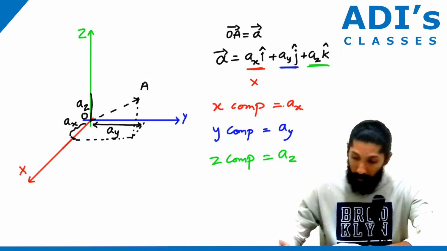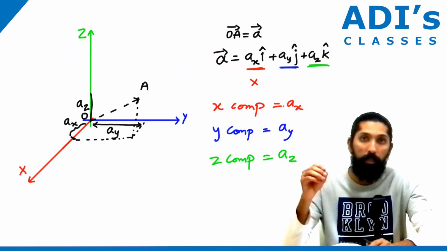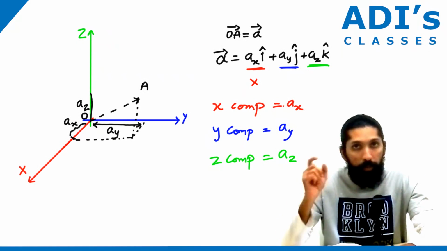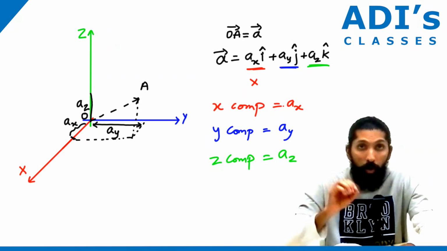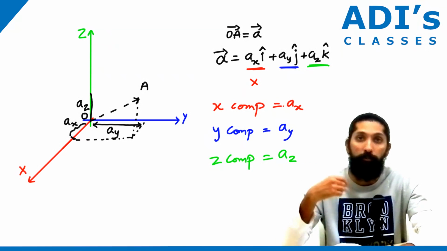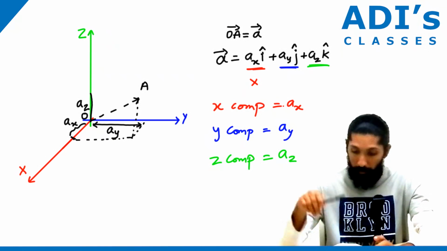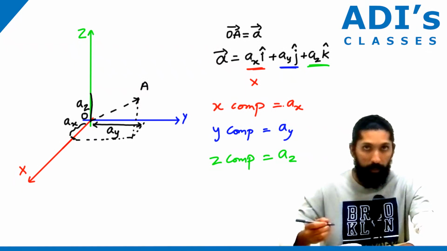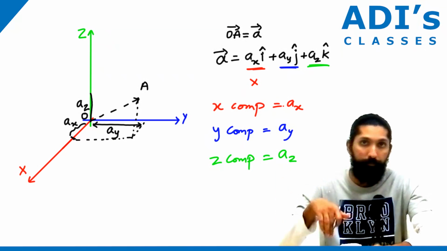Correct? Now that you have understood what resolving is: it's basically splitting the vector into its component form. That is what we call resolving a vector, and this phenomenon is resolution. Clear? Now, we understood that a vector can be split into its components ax, i, j, and k.